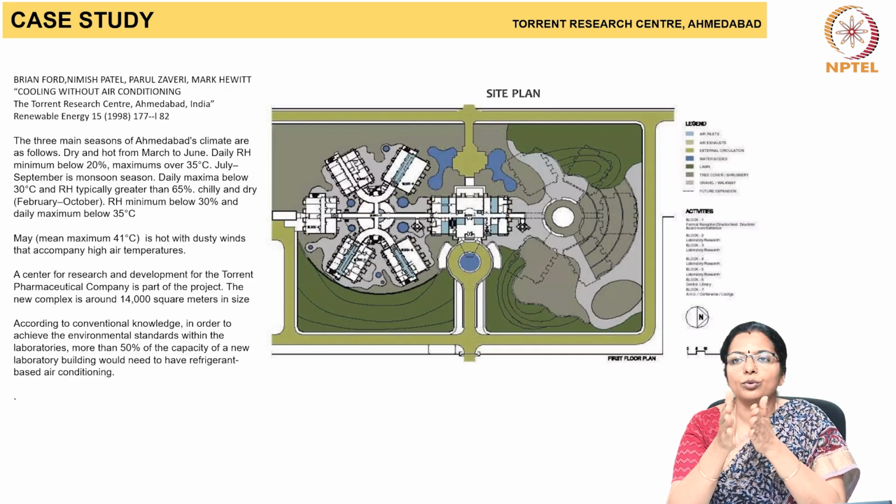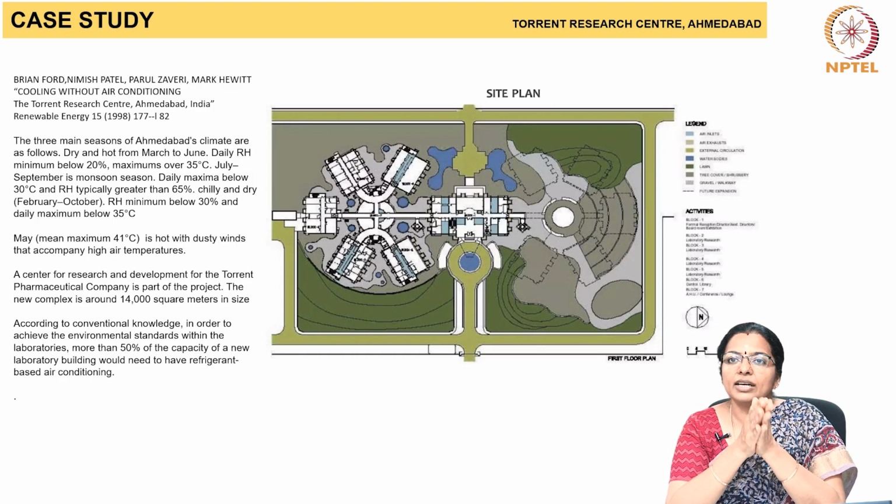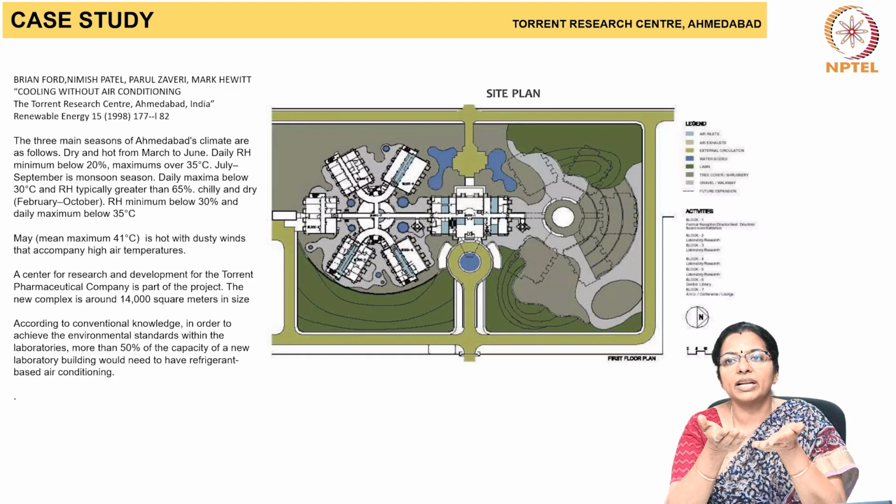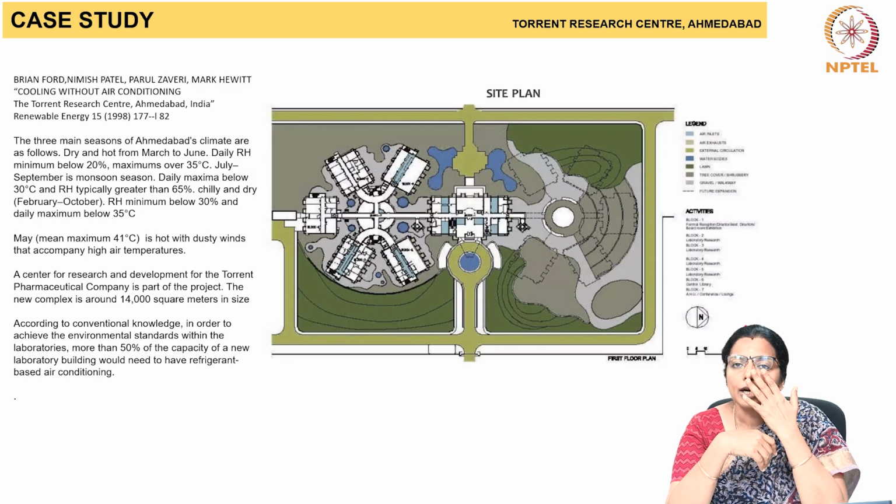During February to October, it becomes very cold and dry, chill and dry. The relative humidity is below 30% and the maximum daily temperature is also below 35 degrees. During the month of May, it is extremely hot with mean maximum 41 degrees centigrade.